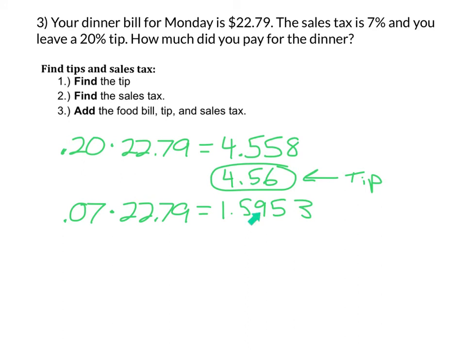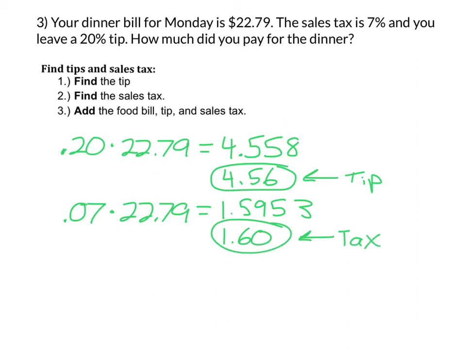So now we have to round this one also to the nearest cent. If I look at this 5, because this is 5 or higher, I have to round this 9 up. Now the next number above 9 is a 10. So this digit is actually going to be 0, and we're going to carry the 1 over to the next one. This is going to be $1.60. And that is the sales tax.